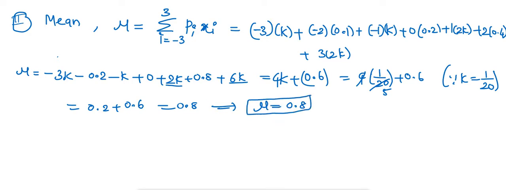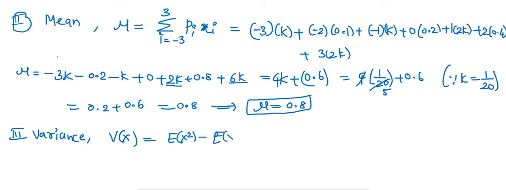The third one is the variance. The variance can be defined as V of x is equal to E of x square minus E of x whole square, that is nothing but sigma xi square into pi minus mu square.